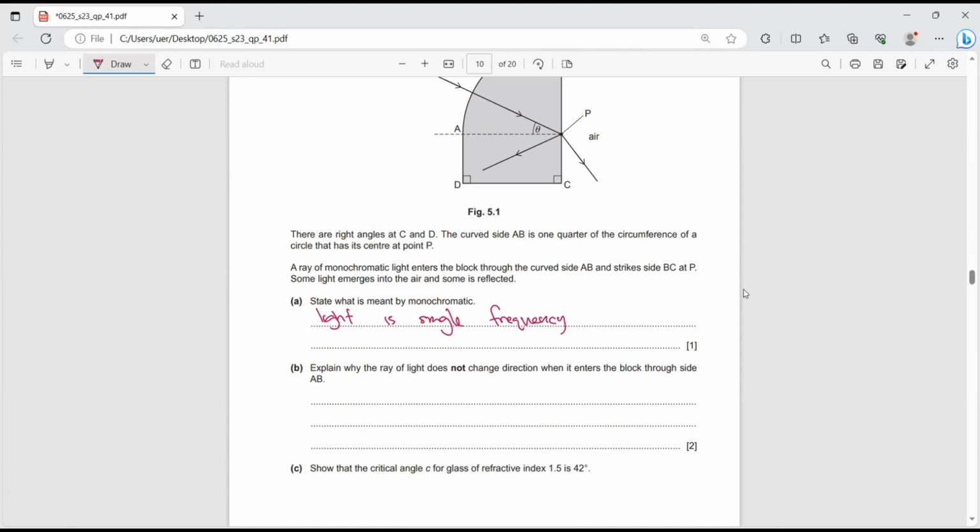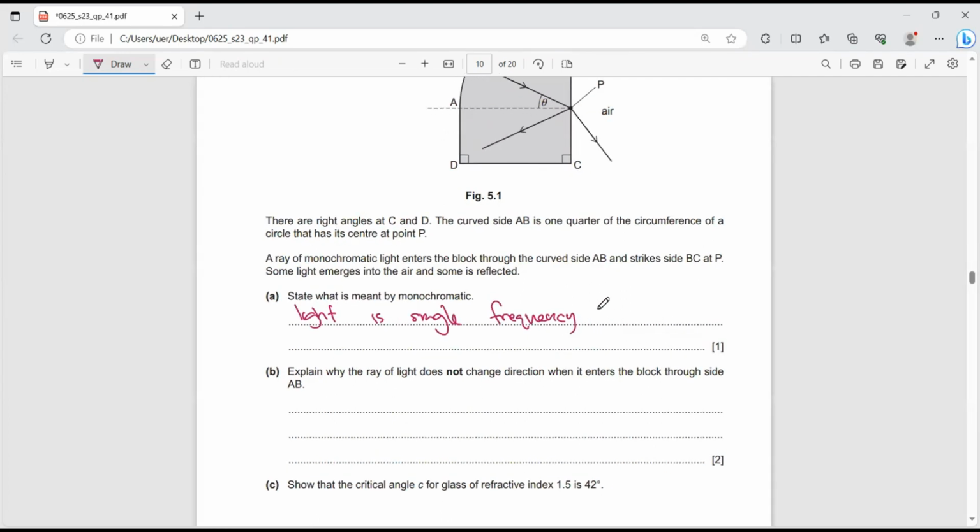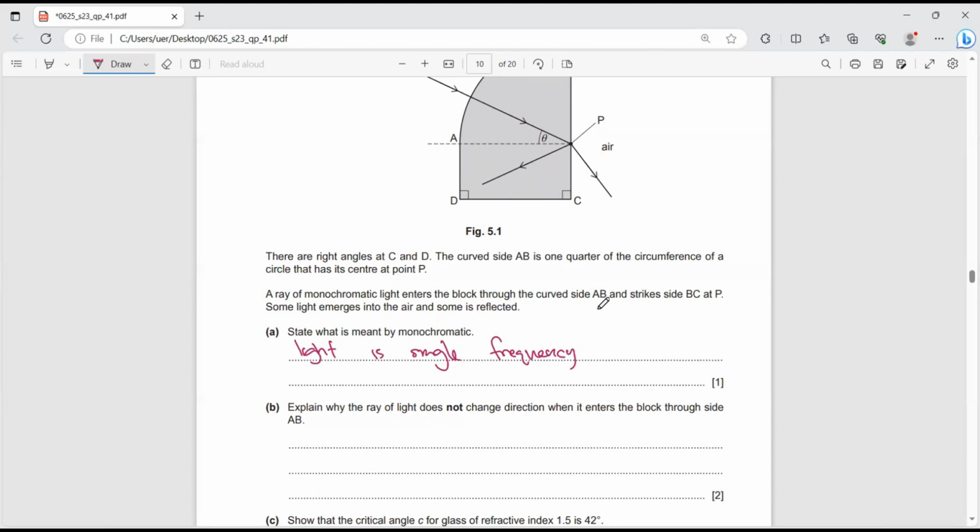Explain why the ray does not change direction as it travels along AB. The light is traveling along the normal line.